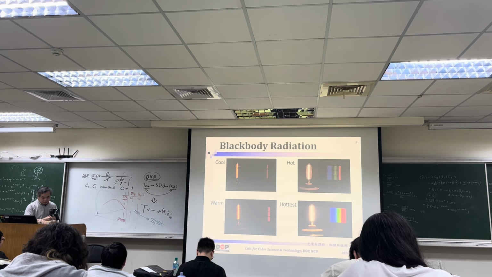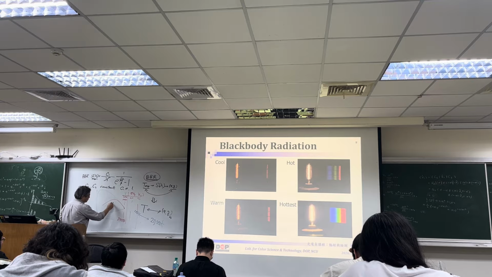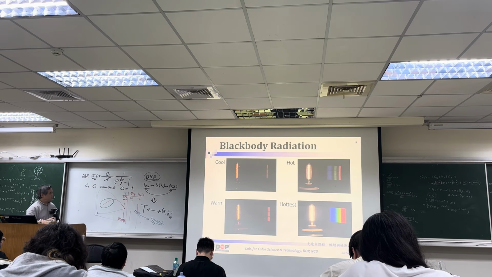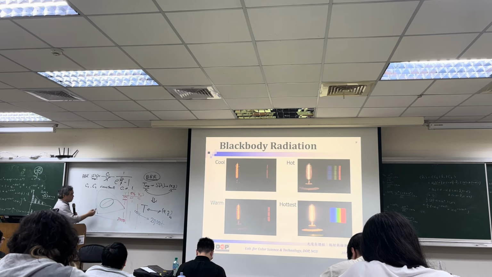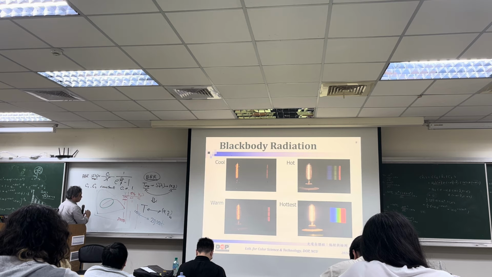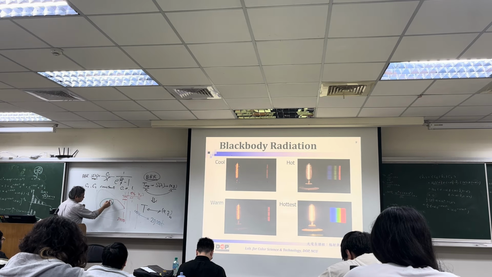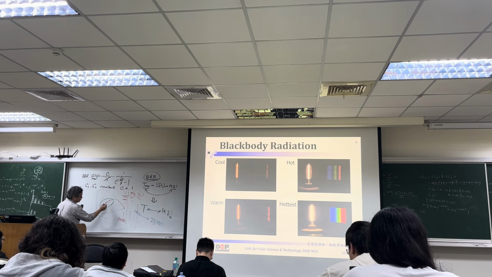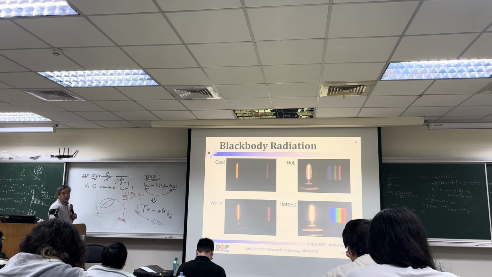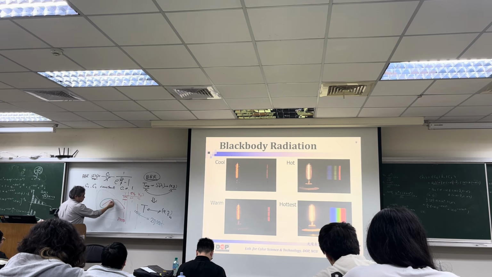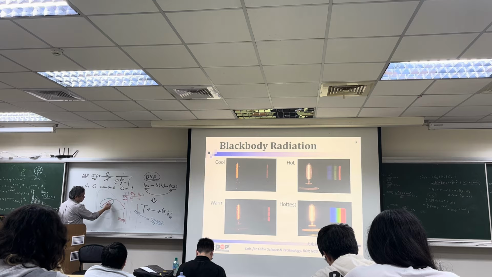Okay? And remember our white range is around this area. So the color temperature acts like a rule to tell you how white it is, because we use the temperature.